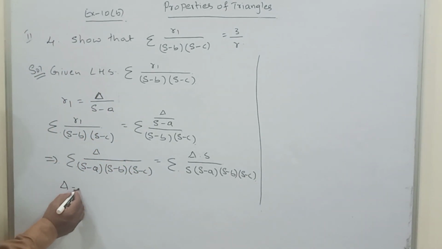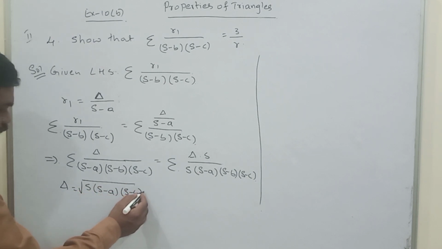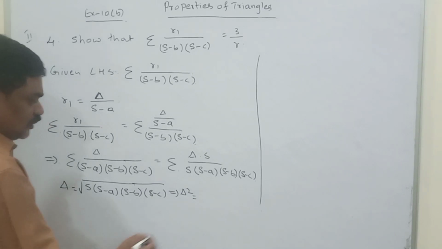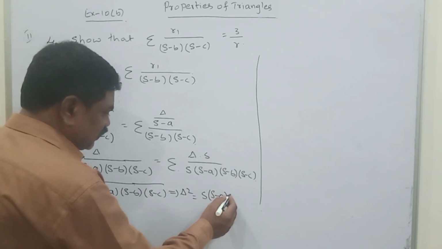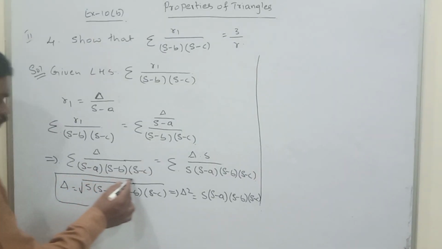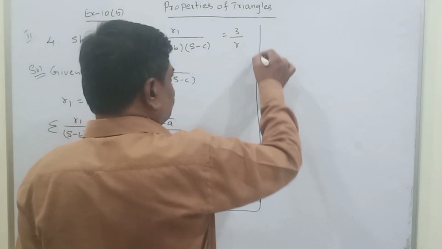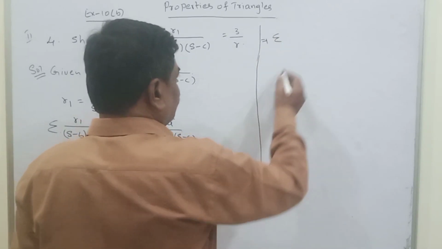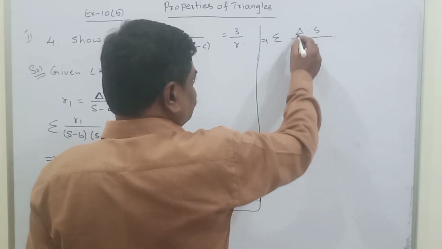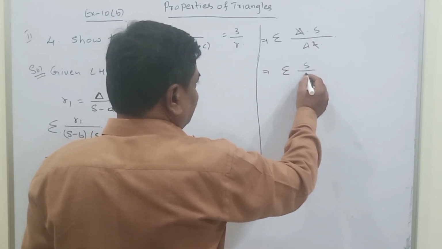Delta is equal to root over S into S minus A, S minus B, S minus C, which implies delta square is equal to S into S minus A, S minus B, S minus C. By using this formula, we can write sigma delta into S by denominator delta square. Delta cancel. Then sigma S by delta.